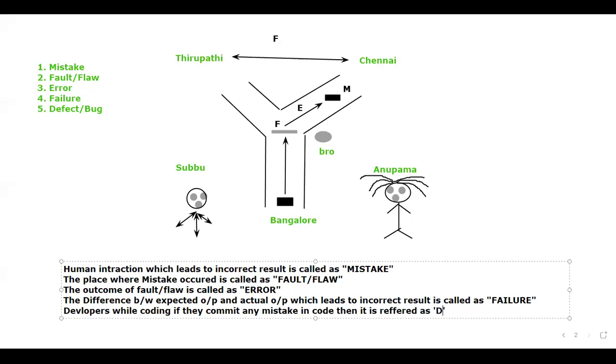That's what they will call defect. They will tell the senior developer, yes, there is some defect in my code, I'm just checking the defect. That is what the developers will use, the terminology defect. Is that fine? That means developers while coding, if they commit any mistake in their code, then it's referred as what? Defect.